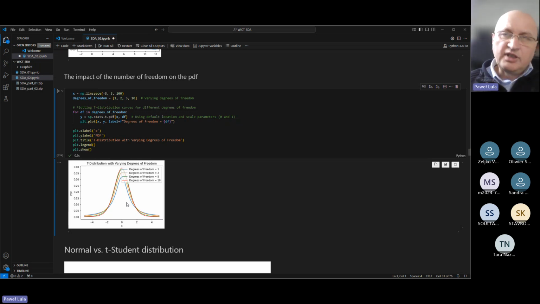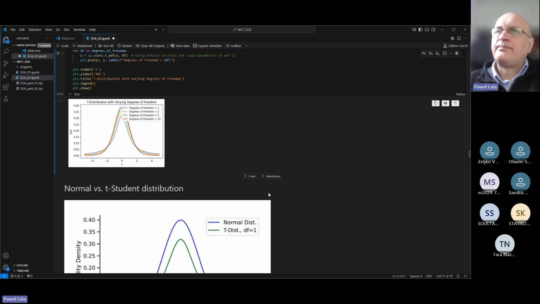But generally speaking, the t-Student distribution is useful for calculations which are necessary for performing statistical tests. Sometimes it is useful also for description of real data, but mainly in statistical tests.